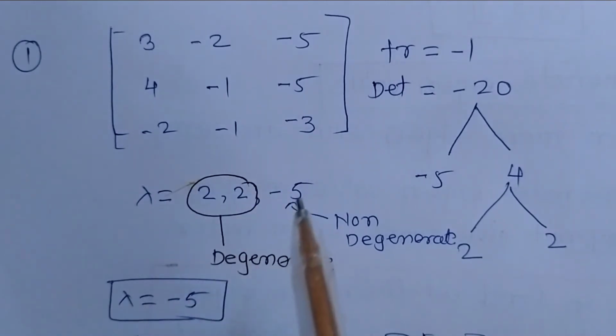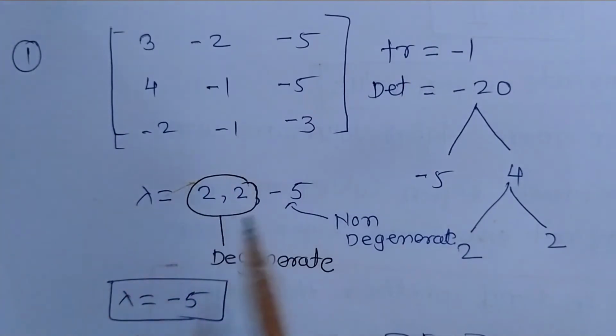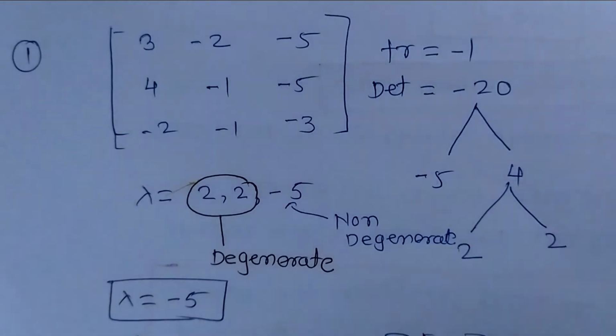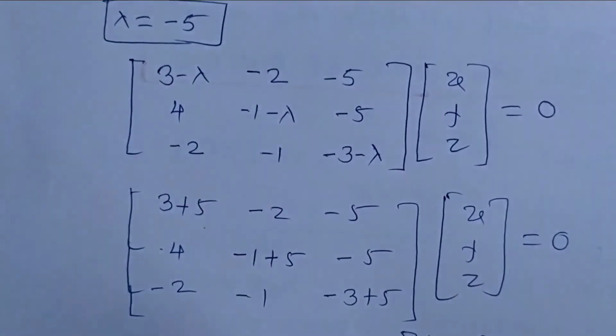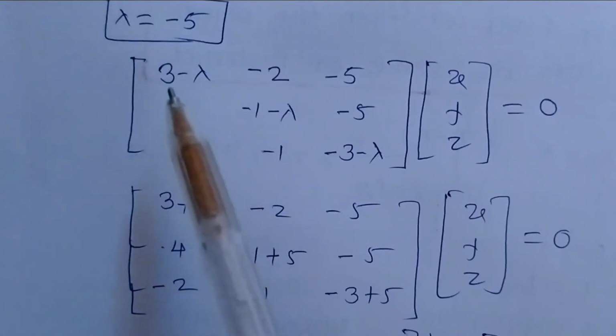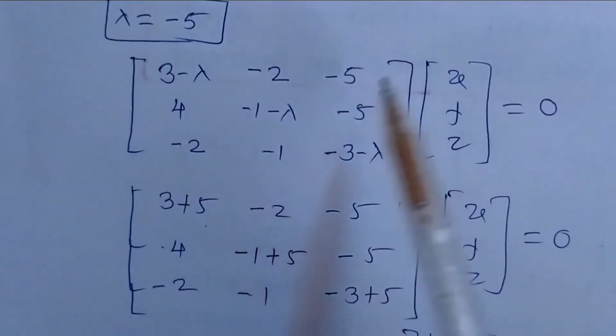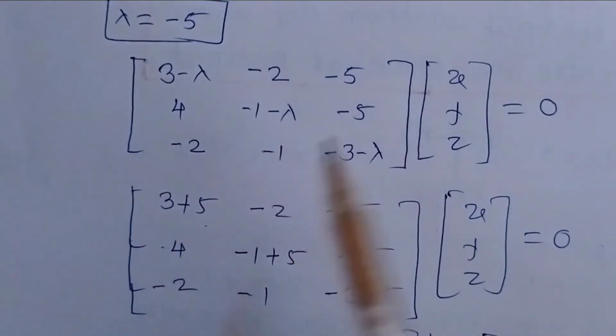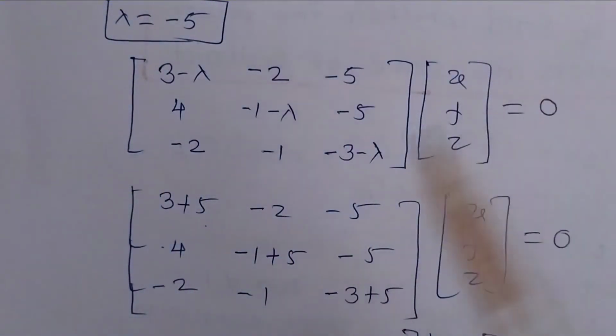So how do we find the eigenvectors when the eigenvalues are degenerate? Lambda equal to -5 is non-degenerate, so we can simply find the eigenvector using lambda equal to -5. When we put lambda equal to -5, the matrix (3 minus lambda, -2, -5; 4, -1 minus lambda, -5; 2, -1, -3 minus lambda) times (x, y, z) is equal to 0.